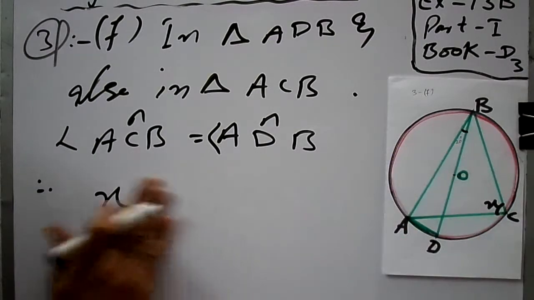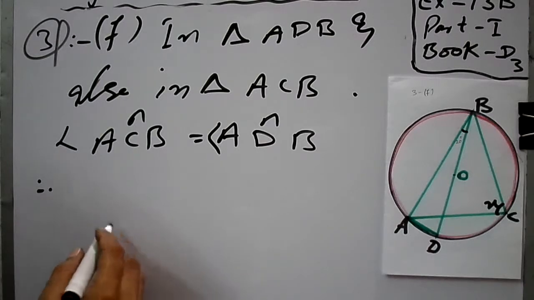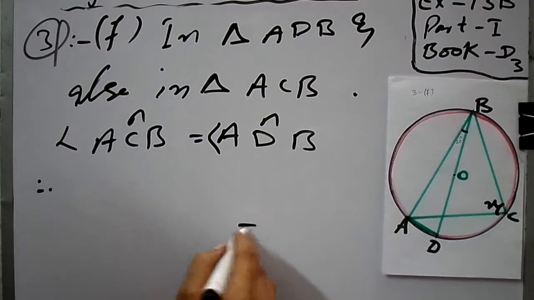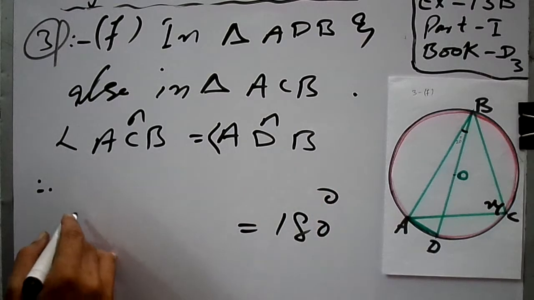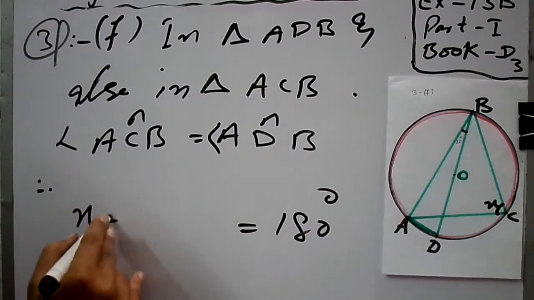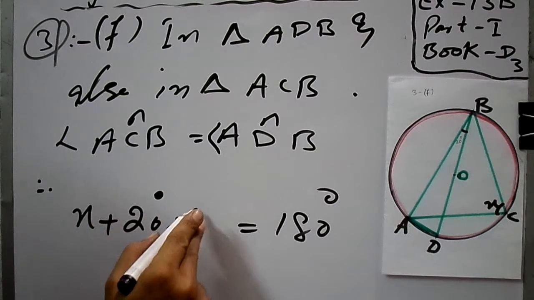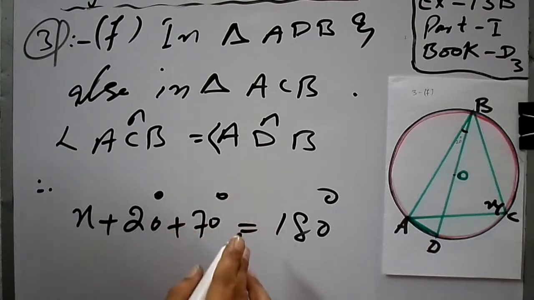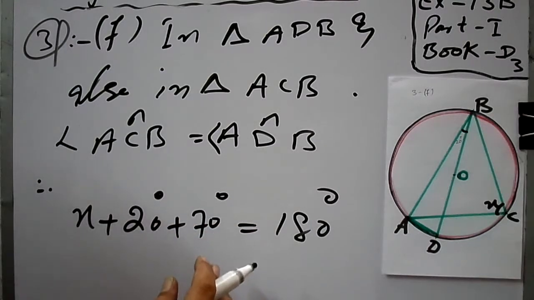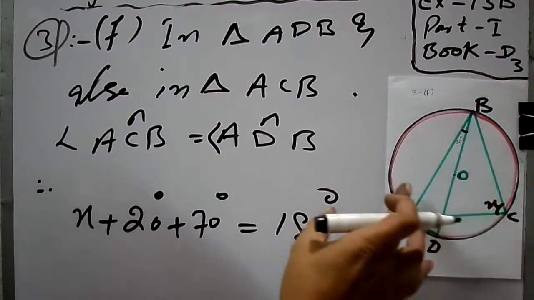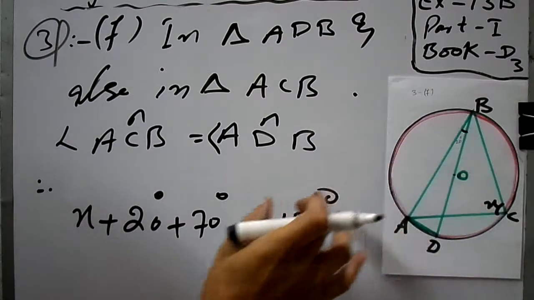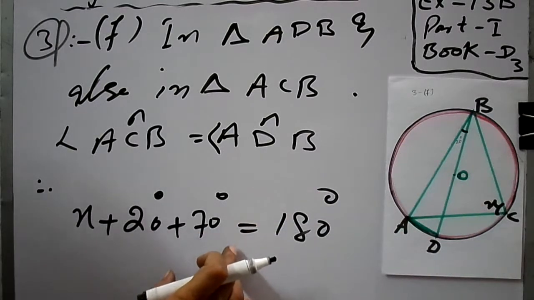So the sum of interior angles is 180, so I can write 180 degree. The sum of interior angles: one angle is x, plus 20, plus 70 degree, plus 90. One angle is 20 degree and one angle is 90 degree.